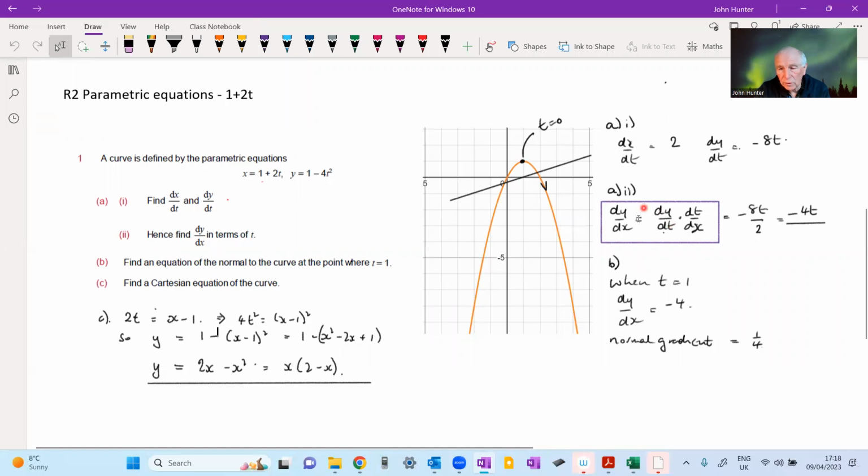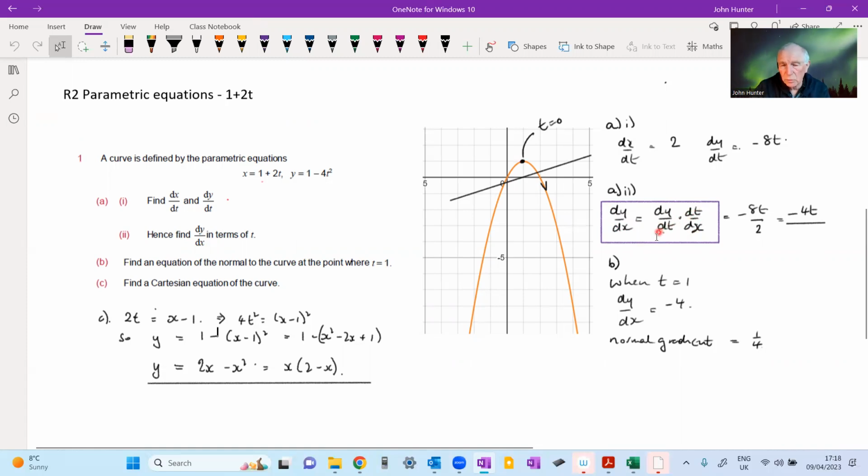Well, here this is where we're basically applying the chain rule. So we're expanding out this derivative into these two derivatives here, dy/dt and dt/dx. And dt/dx is just the reciprocal of dx/dt. So we can see that if we were to cancel that, we would end up with dy/dx.